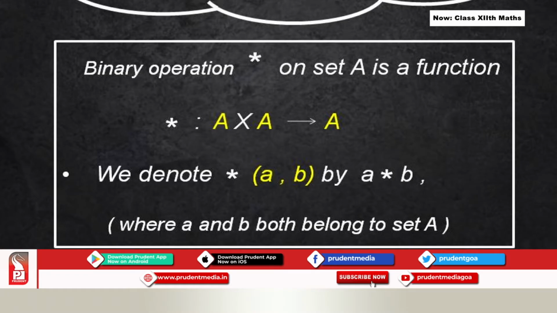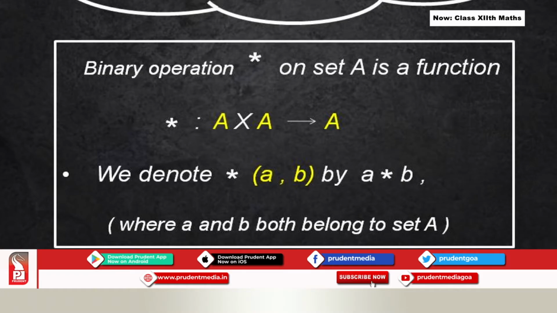We denote star of A comma B, and this star comes in between these two, A star B. This is a binary operation where A and B both belong to the same set A. This is the definition of binary operation in terms of function.